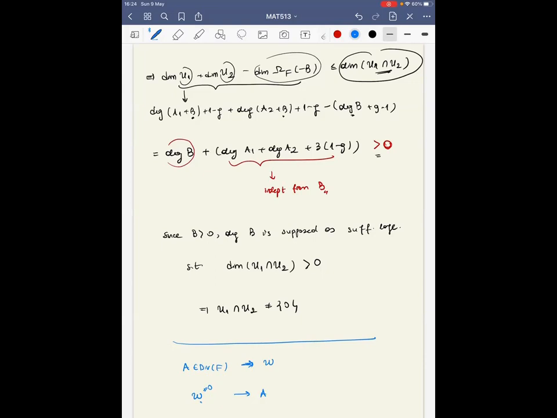So that means in some sense we want to attach a divisor to each Weyl differential.